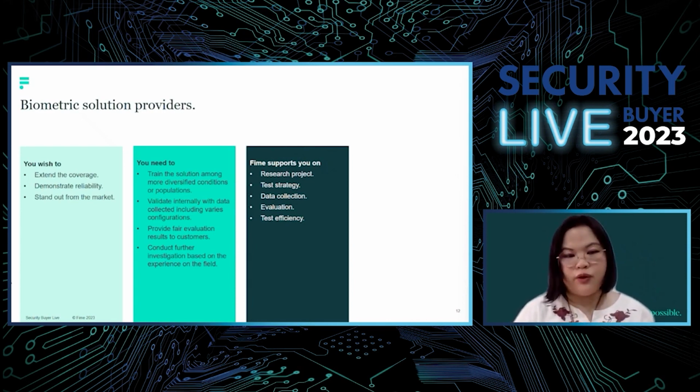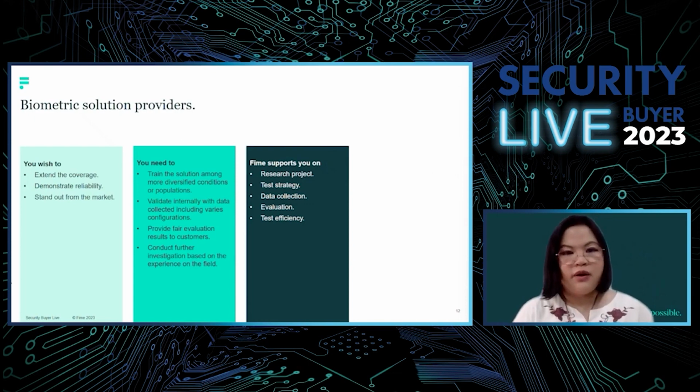And also you can provide these evaluation results to your customers and demonstrate your reliability. And after the product or solution is launched, based on the data from the field, you can conduct further investigation and try to improve the performance of your solution.